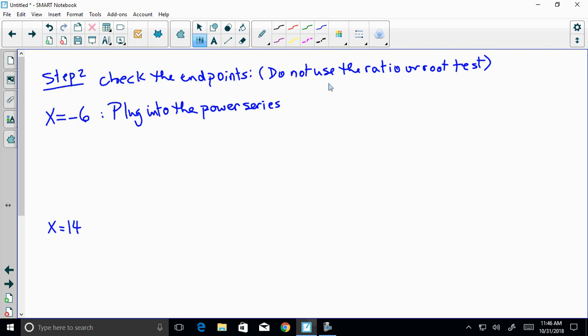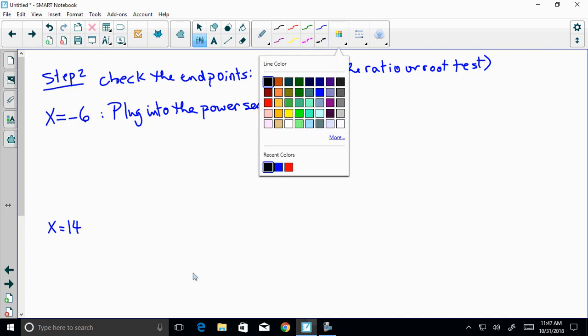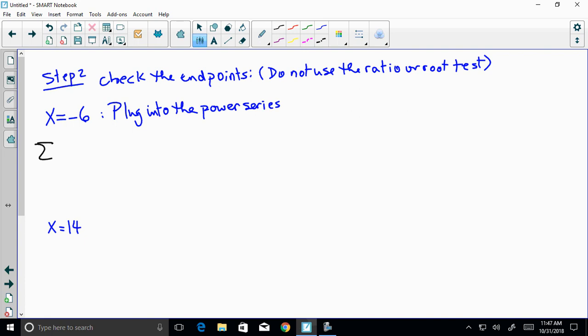So if I plug it in, I'm going to get sigma n plus 1 over 10 to the n from 0 to infinity, negative 6, that's my x, minus 4 to the power n.